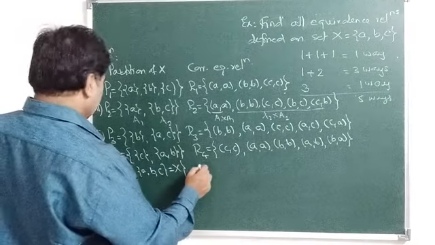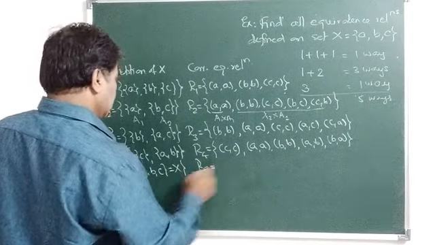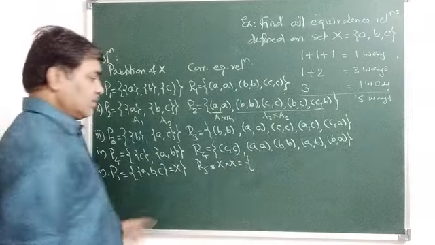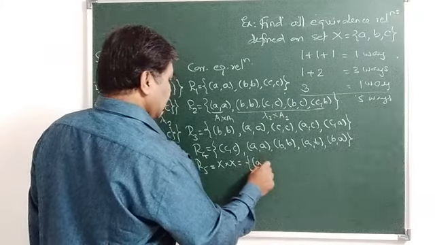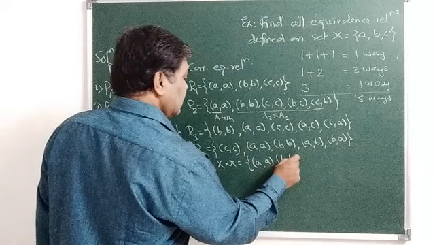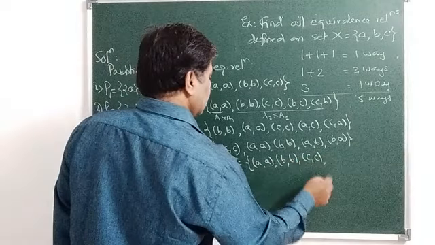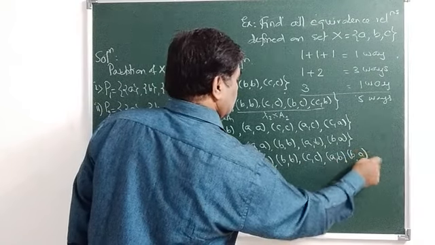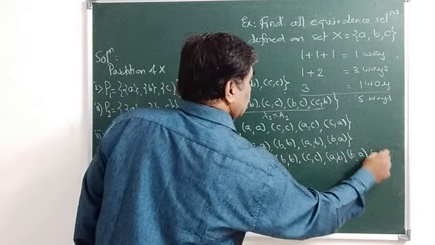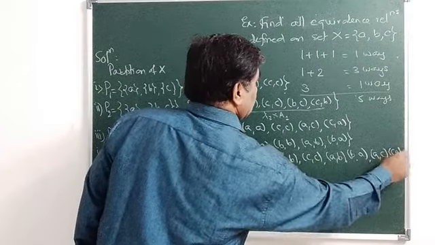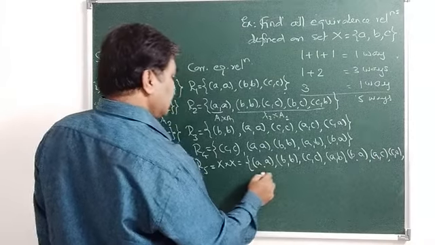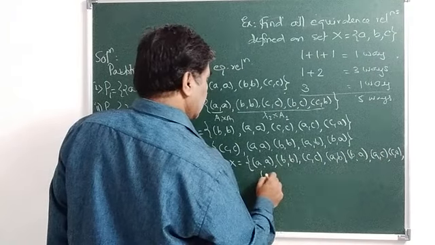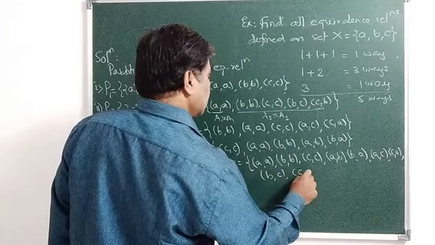So I'll get R5, which is nothing but your X cross X set, containing 9 pairs: AA, BB, CC, then AB, BA, AC, CA, BC and CB.